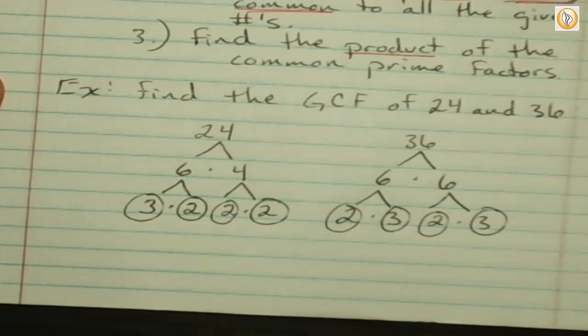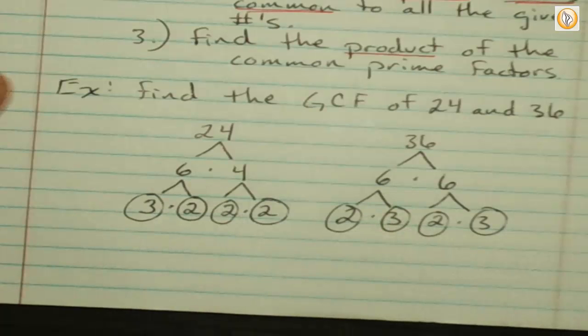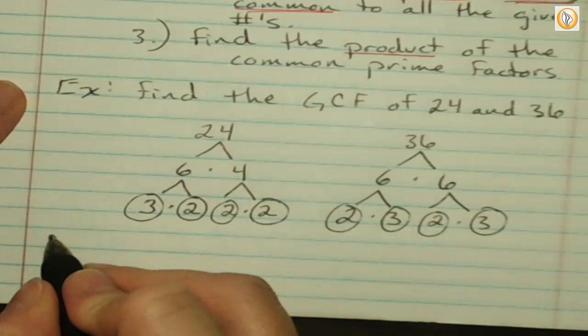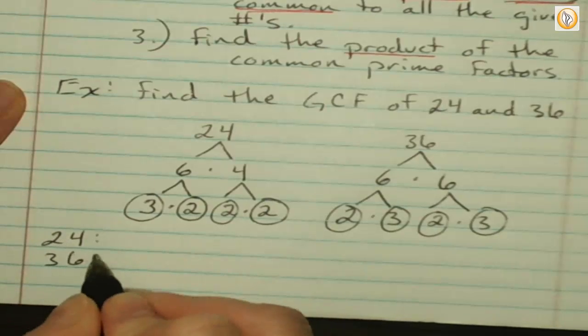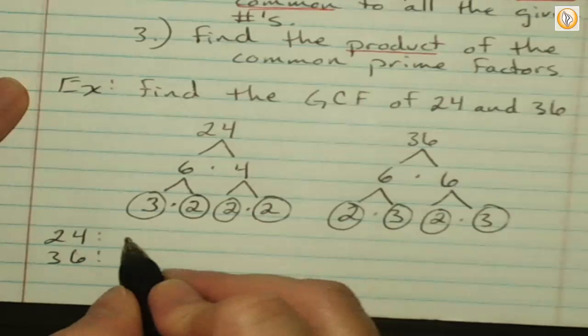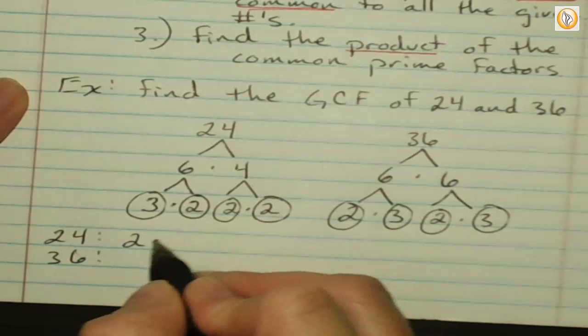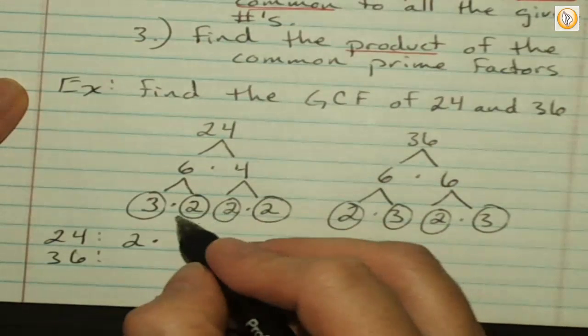Now, we did step 1 where it says write the prime factorization of each number. Okay? Well, we're not completely there. 24 and 36. So remember, you write them in order from least to greatest. So 2 times, you have to do times because remember it says find the product.